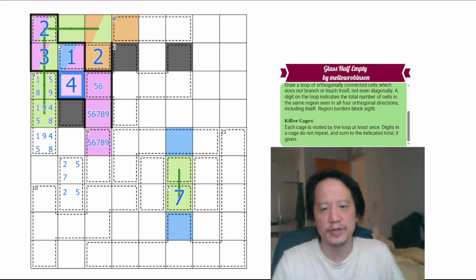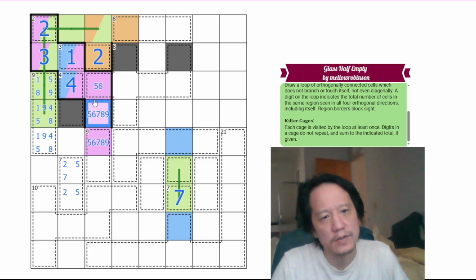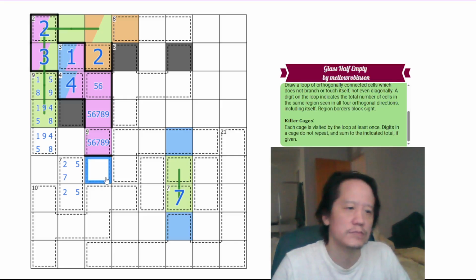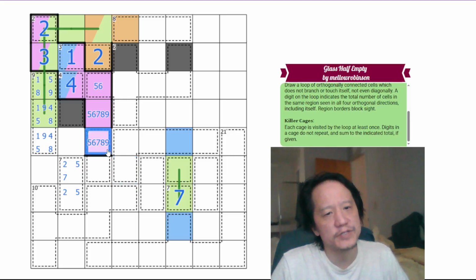Because that cannot be on the loop. This can't continue as pink. So this is a border. This could be another digit though. This can't be 7.